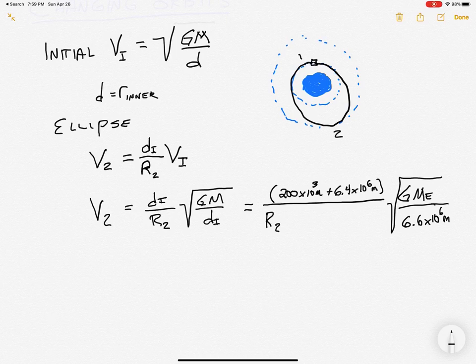So let's pick a value for point 2. Let's set that value equal to, if we went from 200, let's say that we go to, how about something easy like 600 kilometers for R2.